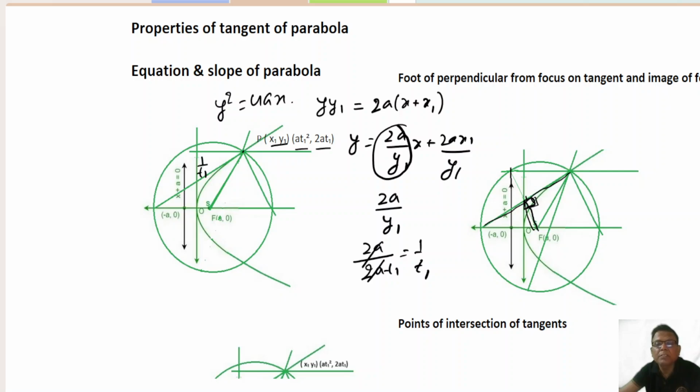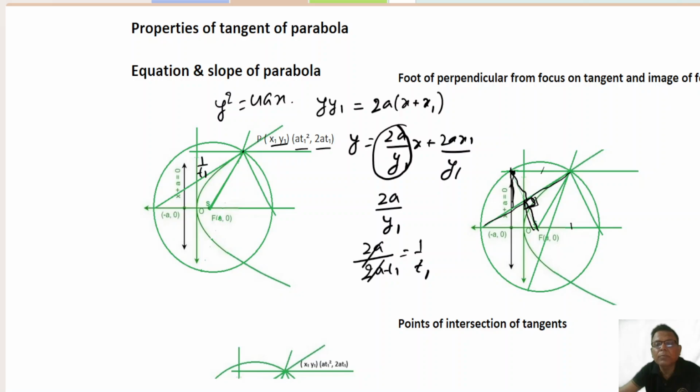If you extend this to the same length, it will cut the directrix, and if you draw a line parallel to the x-axis, it will be the same point.